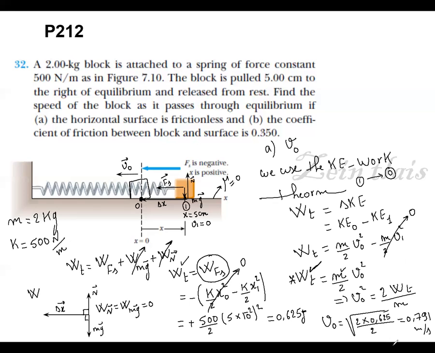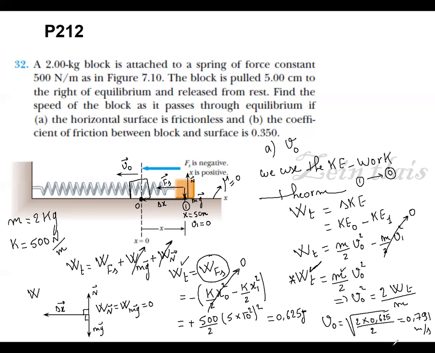Here it's a very important problem. I used the kinetic energy and work theorem to calculate VO. We didn't have the total work applied on the block, so we went to the calculation of the work omega Fs. We calculated this value before, and between these two relations we can find the velocity of the object at any point.